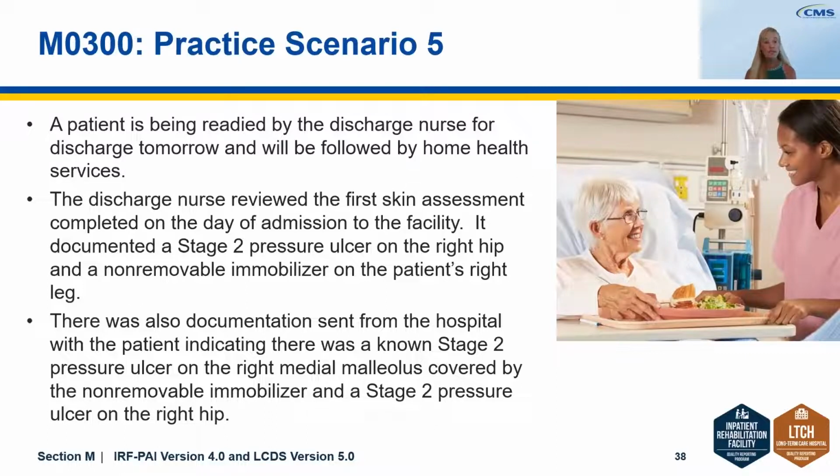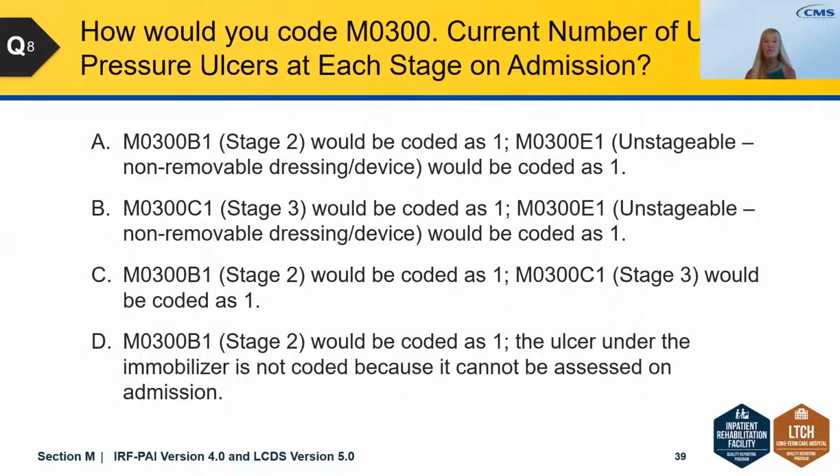There was no documentation sent from the hospital with the patient indicating that there was a known stage 2 pressure ulcer on the right medial malleolus covered by the non-removable immobilizer and a stage 2 pressure ulcer on the right hip. So, given that information, how would you code MO300 on admission for this scenario?